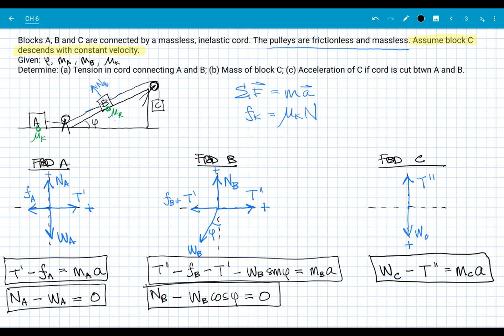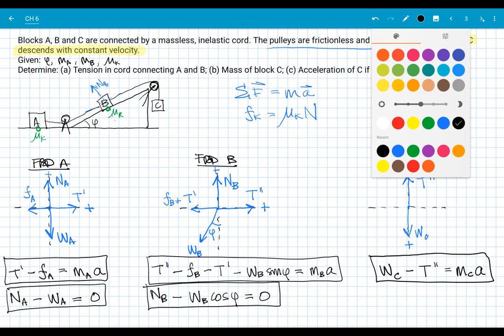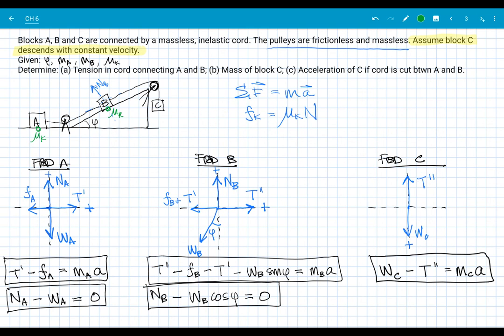And I also know something about these cases here. I'll change color. F sub A is going to be equal to the coefficient that's given, mu sub K, times the normal force at that interface. And that normal force I'm calling N sub A. So that's kind of nice notation, it helps to keep things straight for me.